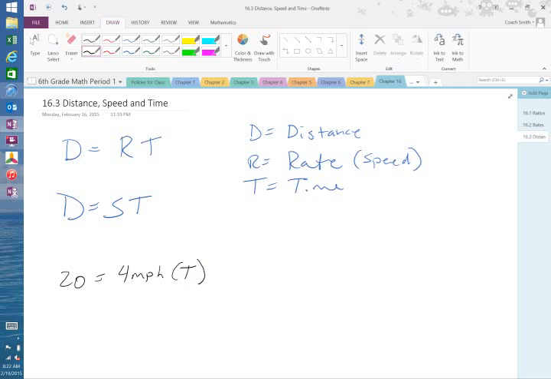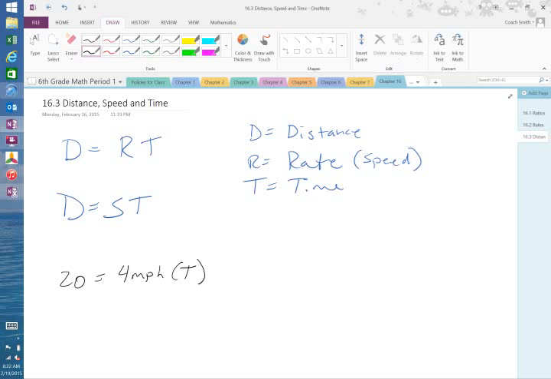Our speed's 4 miles per hour, so obviously our time is being done in hours. If that was 4 miles per second or 4 miles per minute, then our time was done in minutes or seconds. Now, how would I solve that?